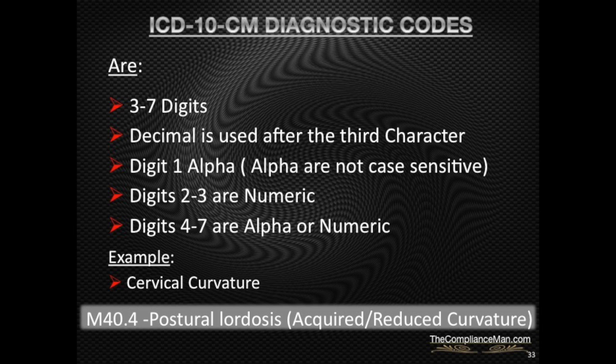But remember, we talked about the 7th character or the 7th character extension, which for chiropractors will always be an A. So in this example of reduced cervical curvature, you'll see the first 3 letters. The first one is an M, so it's alpha. The next 2 are numeric, and then the decimal is after the third character, and then followed by the number 4.